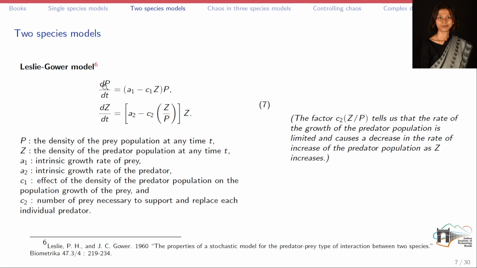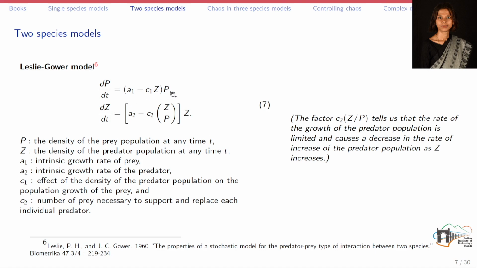Here dP/dt, where P is the density of the prey population at any time t, shows the change in the prey population with respect to time, and Z is the density of the predator population. So dZ/dt shows the change in the predator population with respect to time.